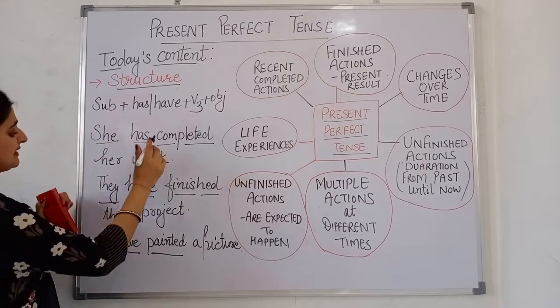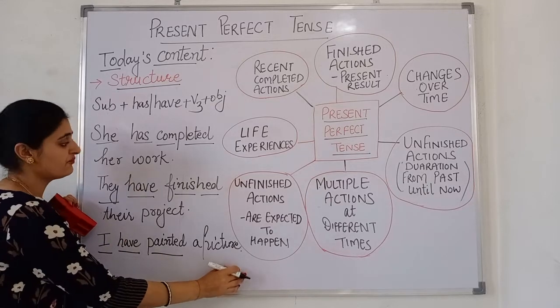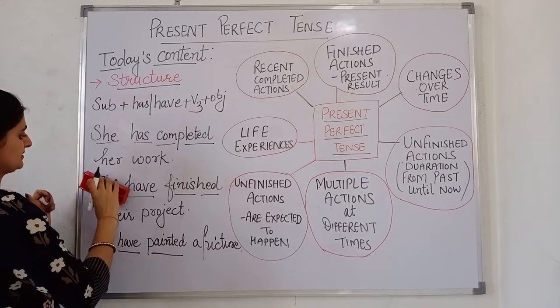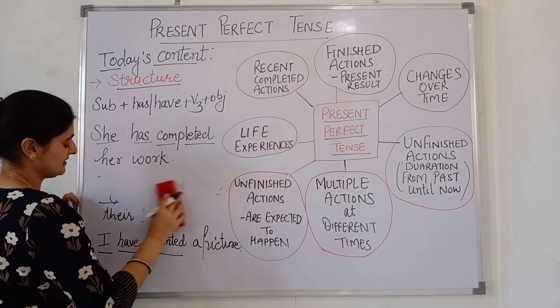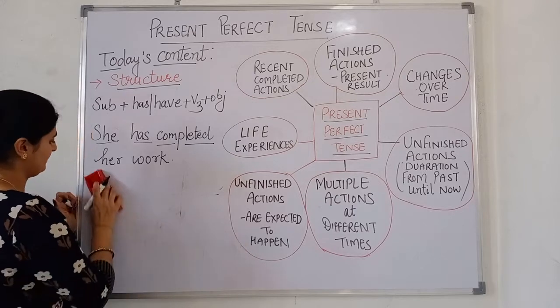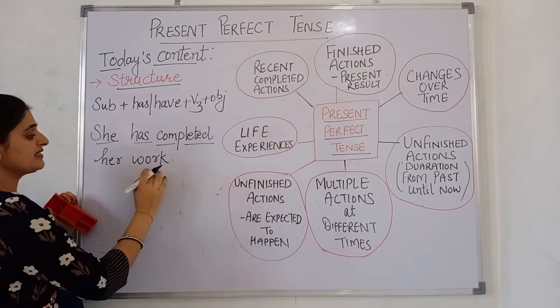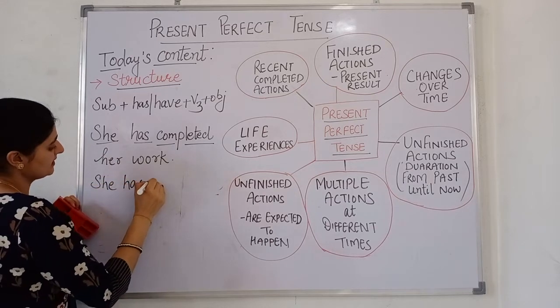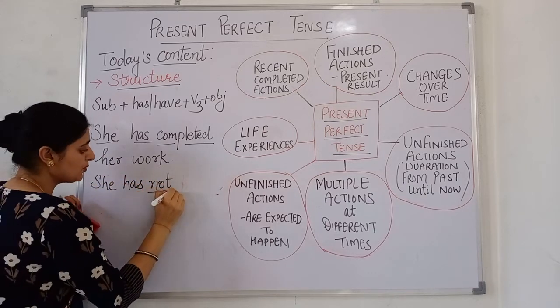Okay, now let us change it into its negative form. How to change it into a negative one? Let's solve one sentence. She has completed her work. She has not. Where to put not?